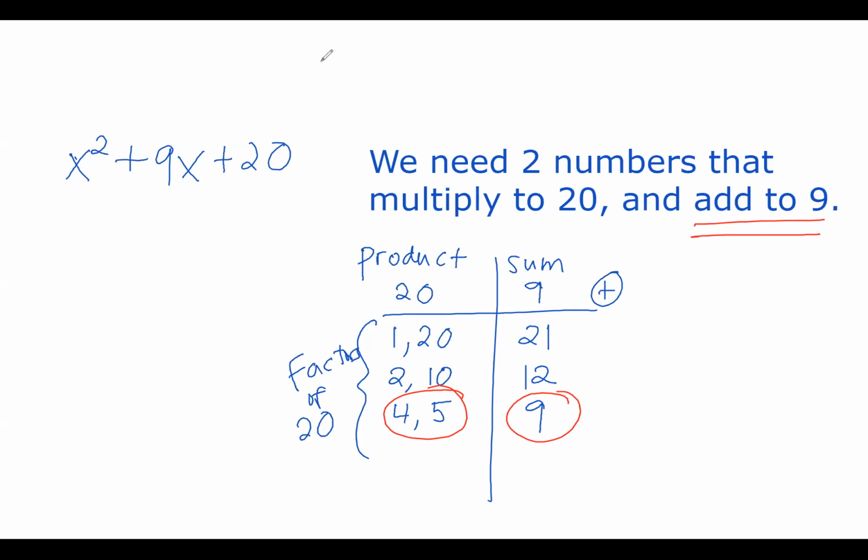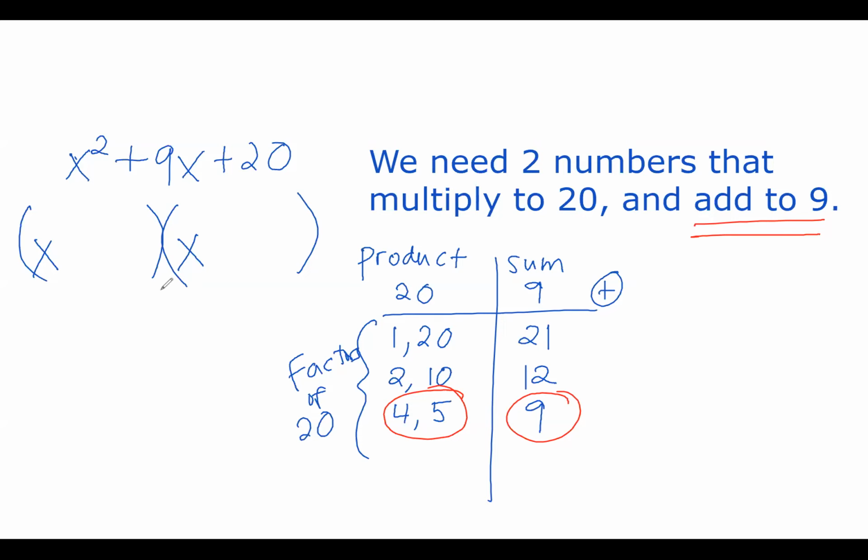So if you remember the structure of our answer, it will look like this. We'll have two parentheses, two binomials. And what we saw before is, for right now, the structure of our trinomials, they're going to start with x squared for the most part. So we need x times x in our first part of our parentheses.